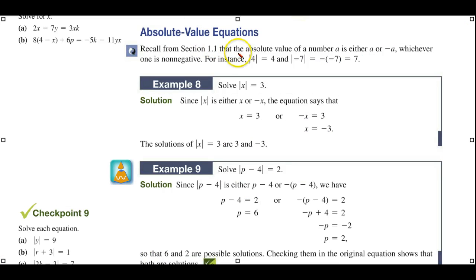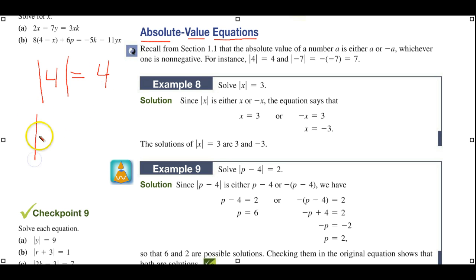Now we're going to get into what are called absolute value equations. When we see something between absolute signs, we know that the absolute value of anything is a positive value, 4 in this case.